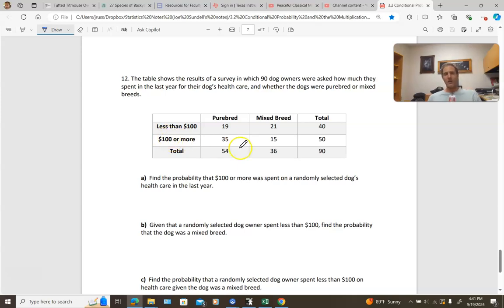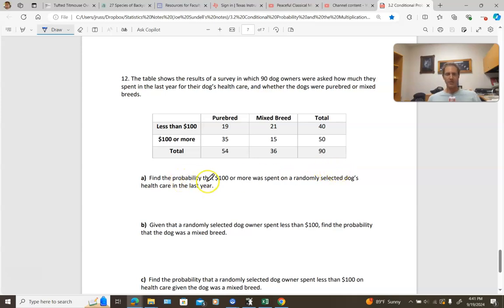And of the 90 that own these dogs, 54 are pure breeds, and the other 36 are mixed breeds.